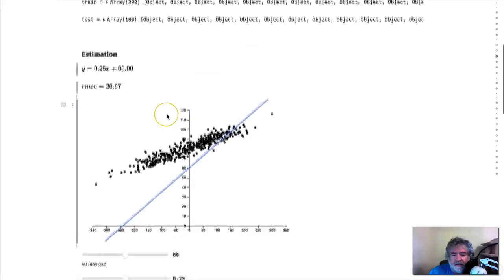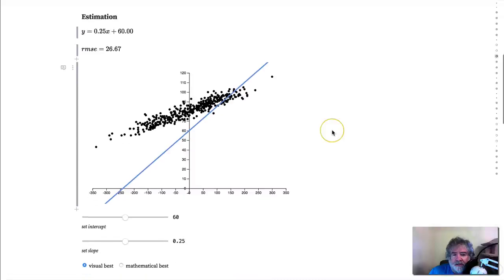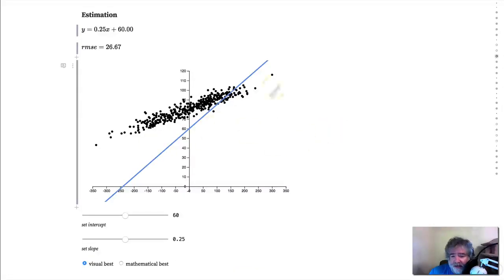So here in the first part, I'm trying to find my estimate, this blue line, right? I have some radio buttons down here, and I have it clicked as visual best, which means that all we're doing is eyeballing this, trying to find the best fit just with our eyes.